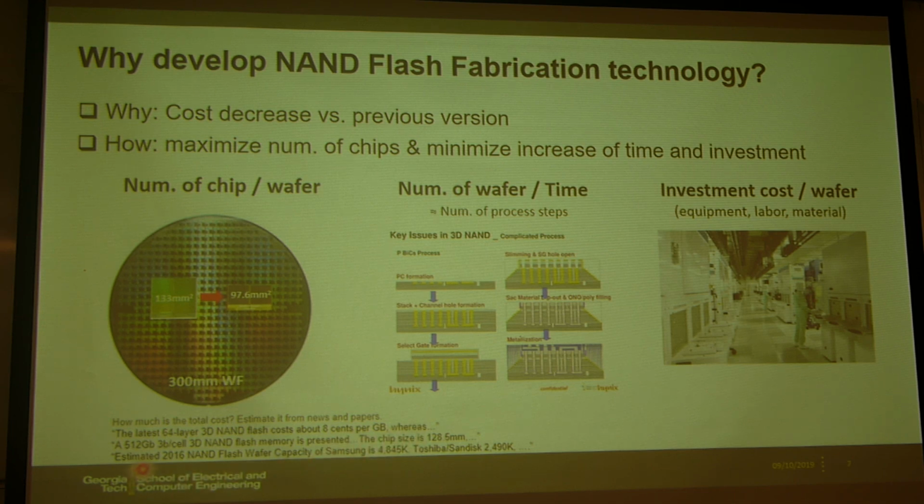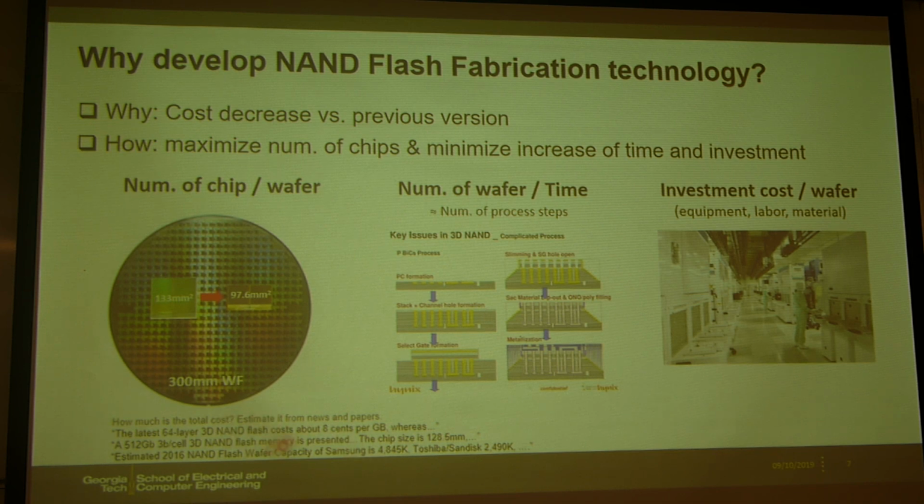And the second one is: for a 512 gigabit NAND flash, the chip size is 128 millimeter square, and the estimated NAND flash capacity of Samsung is 4,000 K, that is around 4 million.